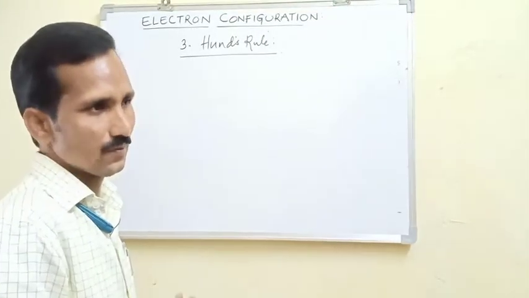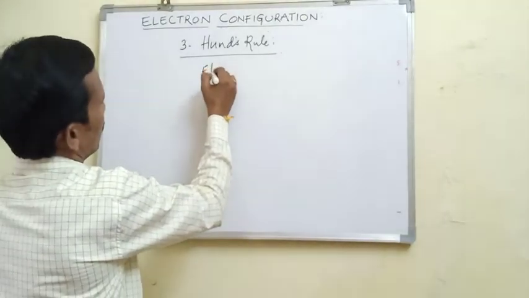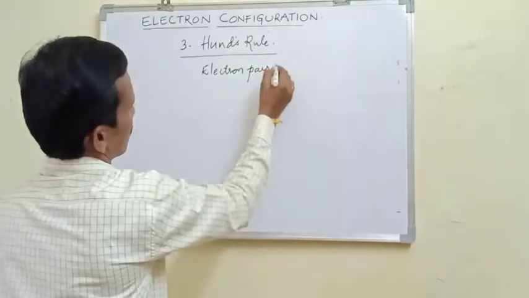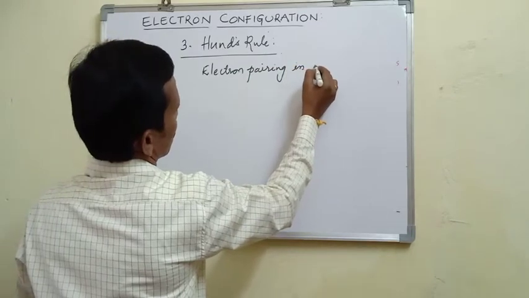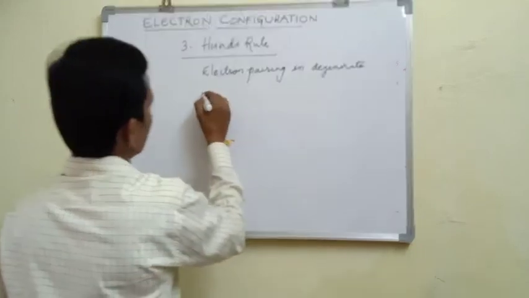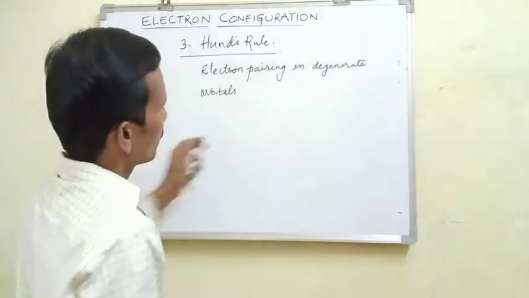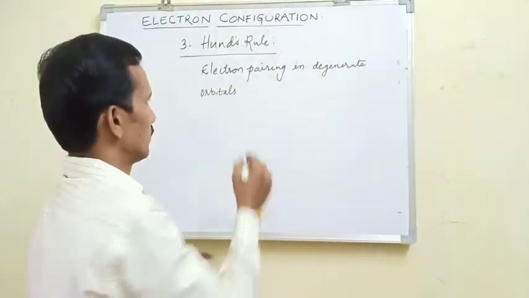Electron pairing in degenerate orbitals. Degenerate orbitals means the same energy level.